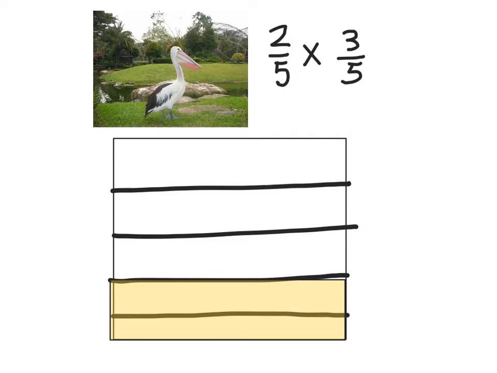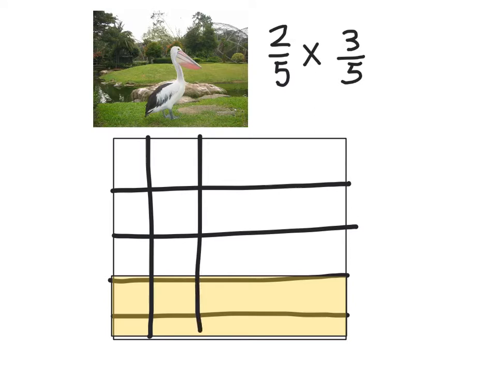So I've got 2 of the 5 parts colored in, and now I've also got to make another 5 parts going up and down this way, right? So let's go ahead and do that. 5 parts means 4 lines, so I got 1, 2, 3, and 4 lines, and that's giving me 1, 2, 3, 4, 5 parts, right?